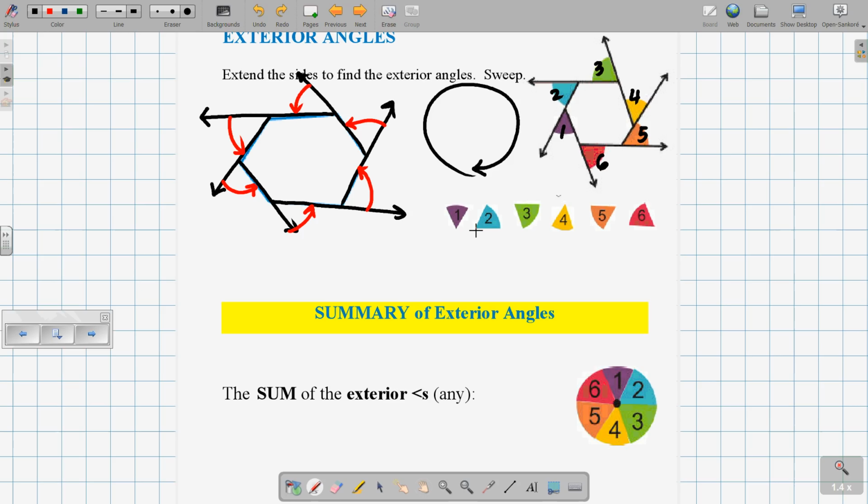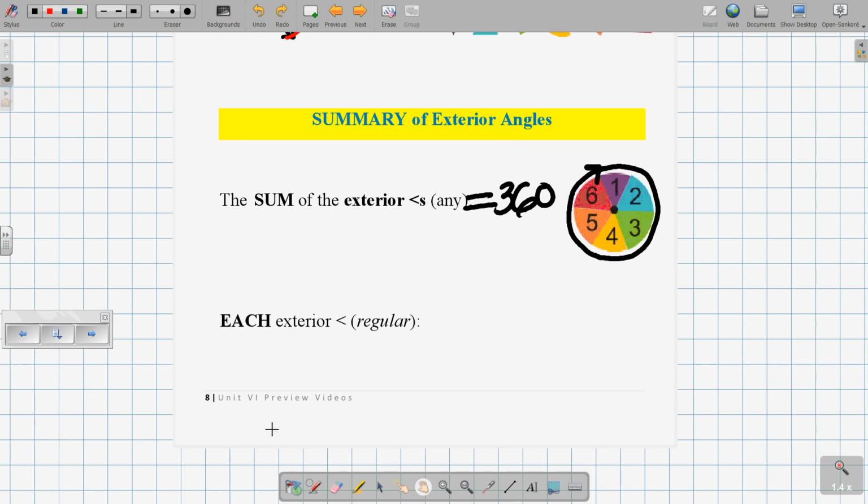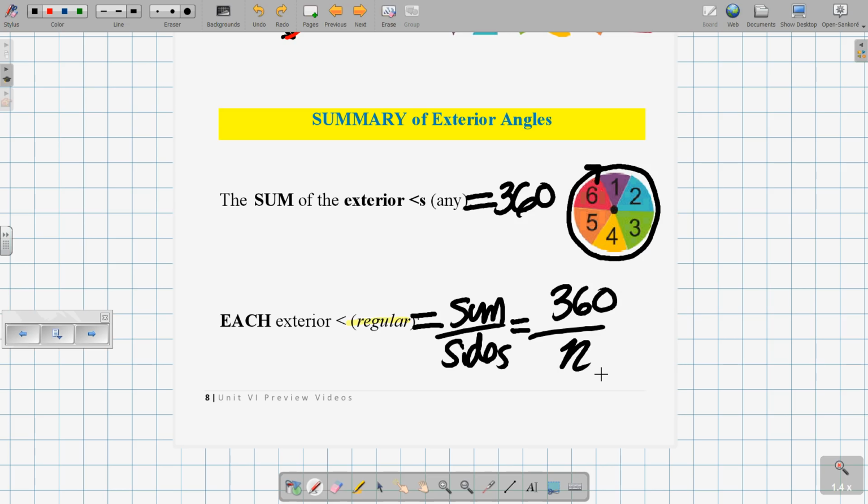So the sum of the exterior angles is always going to be 360. If I want a single exterior angle and it's regular, again, you do sum over sides. That's going to equal 360 over n.